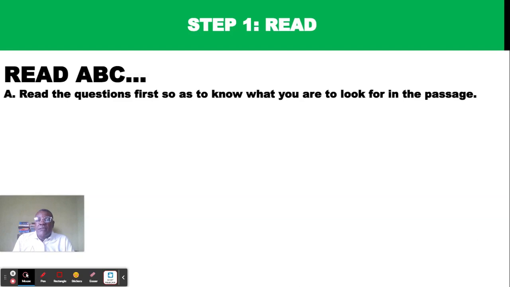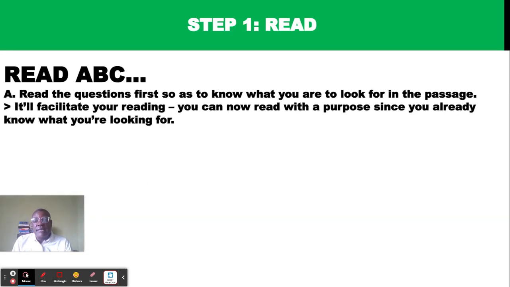A is read the questions first so as to know what you are to look for in the passage. This is really very important. In summary writing, read the questions first, because after reading the question, then you know already what the passage is about. And secondly, you know what you are going to look for in the passage. So that simplifies the process for you.